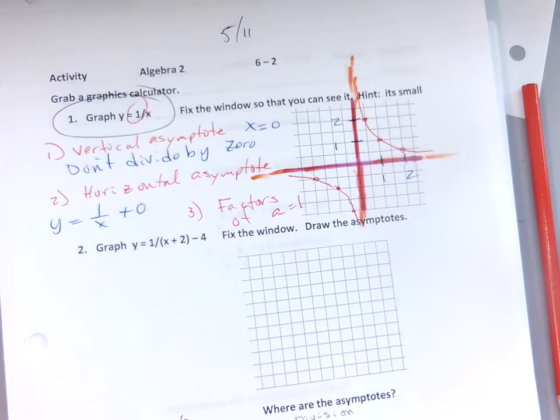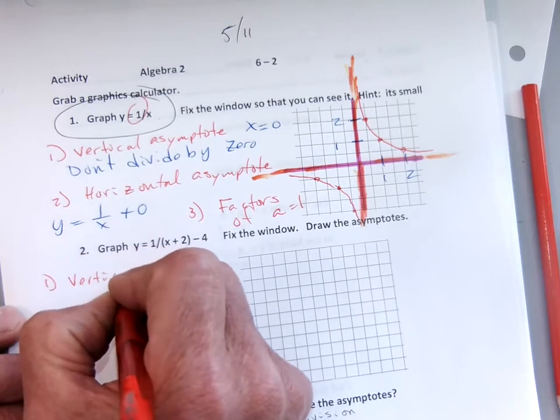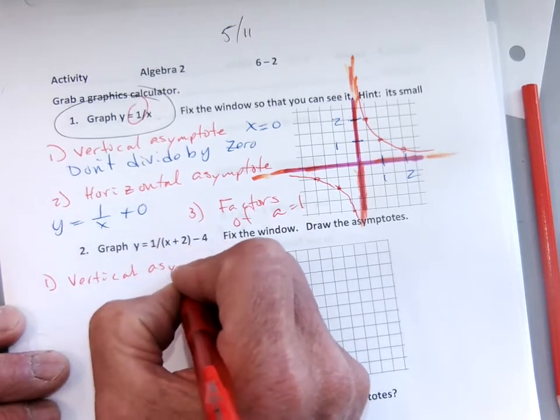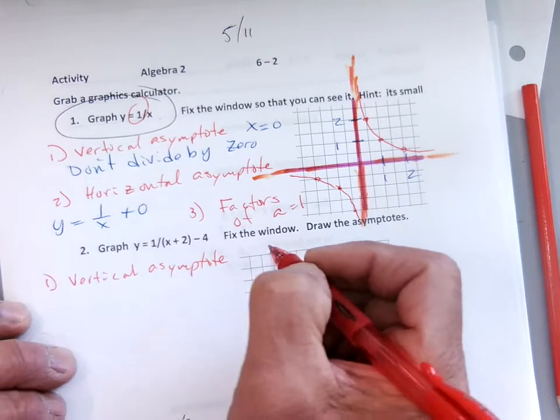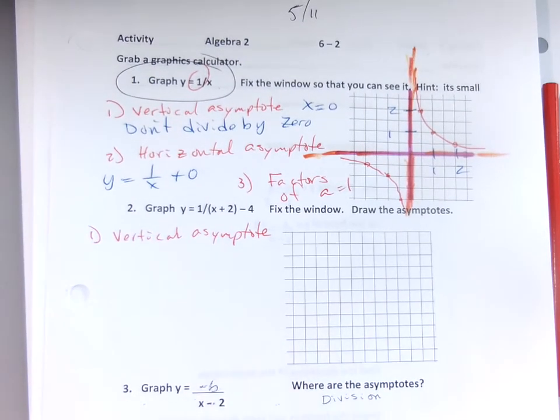So first of all, to do number 2, what's the first thing I'm going to do is, where's my vertical asymptote? What do you think? X better not be. Yep, I'll wait for you. I'll wait for Cassidy. But when you do these, think this.